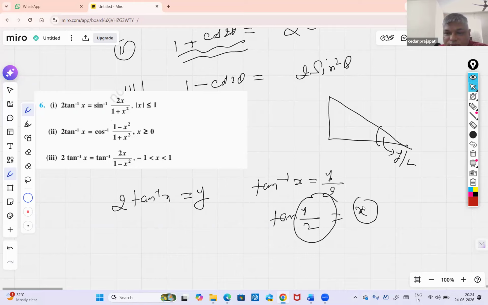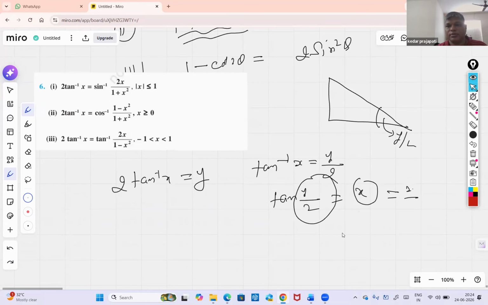So can we write x equal to x by 1? It is tan y by 2, where y by 2 is the angle. Suppose this is theta. So tan y by 2 is x.